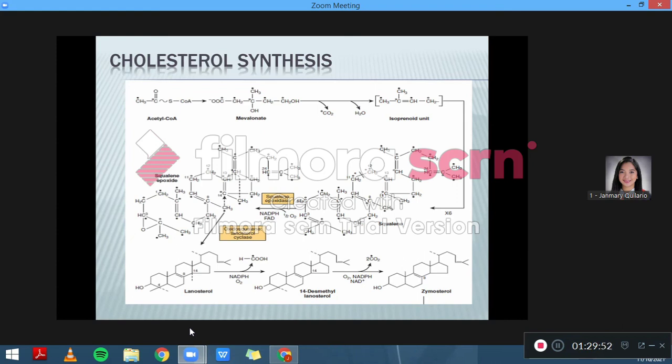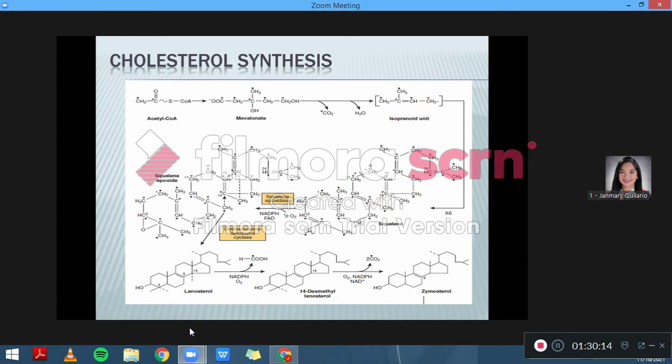So the fourth step is in the endoplasmic reticulum. Then the methyl group at C14 is transferred to C13 and the one at C8 to C14 as cyclization occurs, which is catalyzed by oxidosqualene cyclase. So that's for step 4.